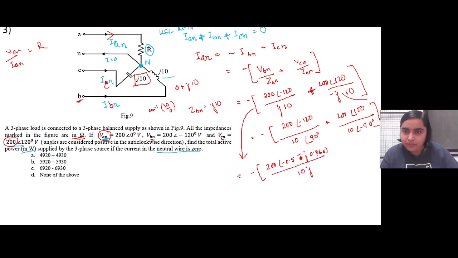Divided by 10j. Let us take the 200 by 10, 20, outside, so we don't have to write it here. Again cos of 120 will be minus 0.5 and sine of positive 120 will be j 0.866, divided by minus j.